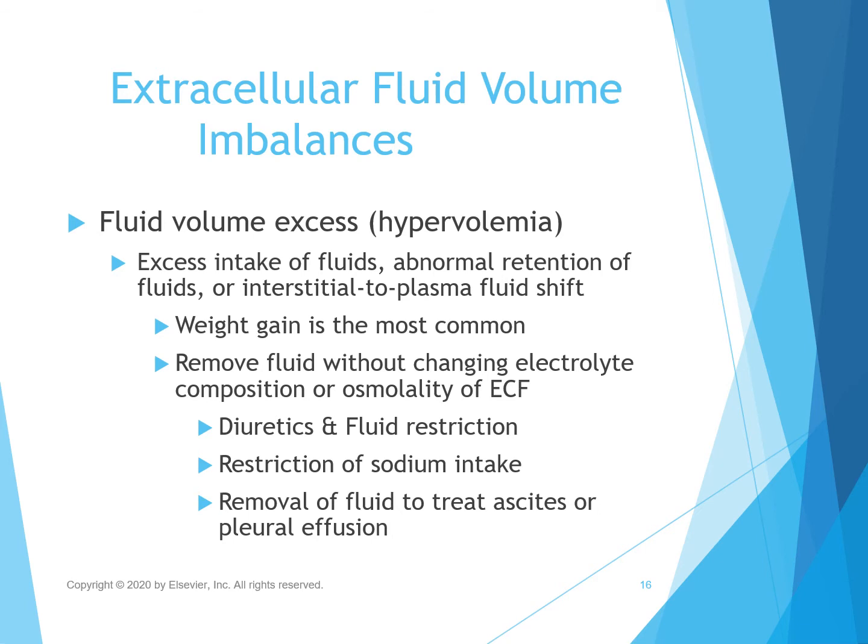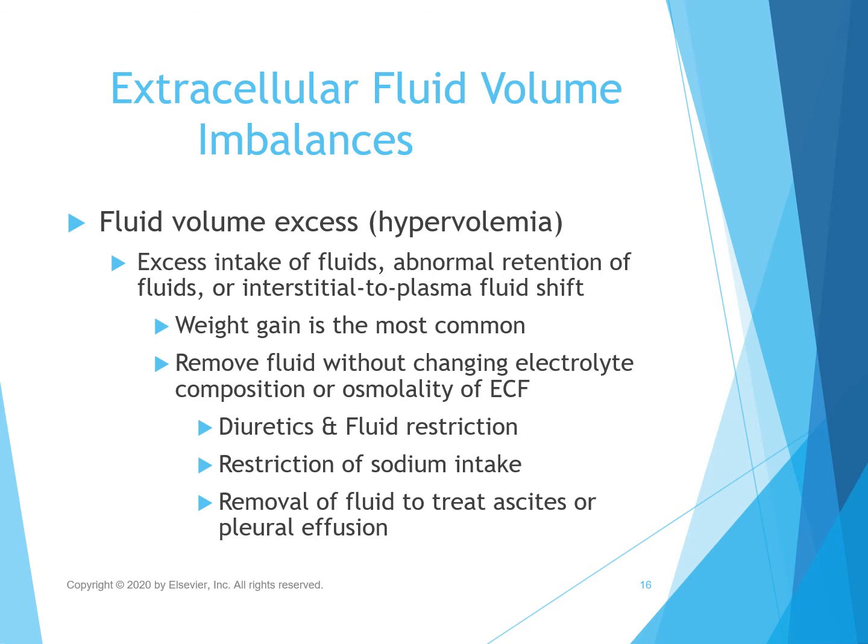What you might see in a patient that has fluid volume excess is distended neck veins. They would have positive JVD, which is jugular venous distension. They might have a full bounding pulse, so their pulse would be bounding. They could have an elevated blood pressure.